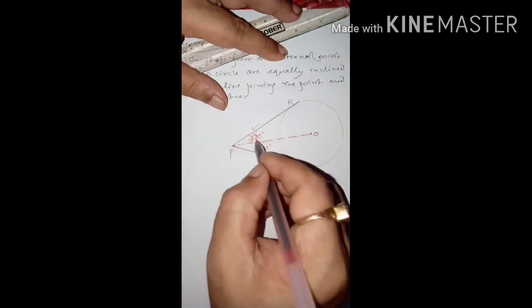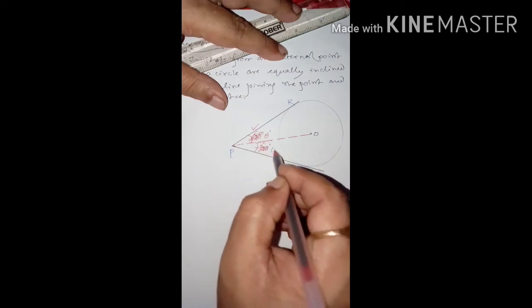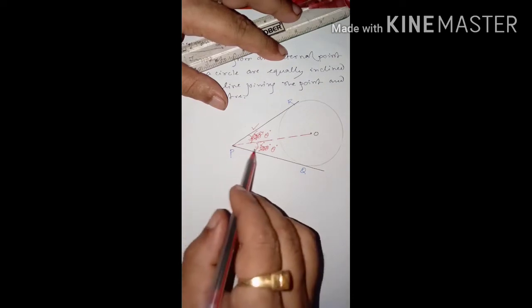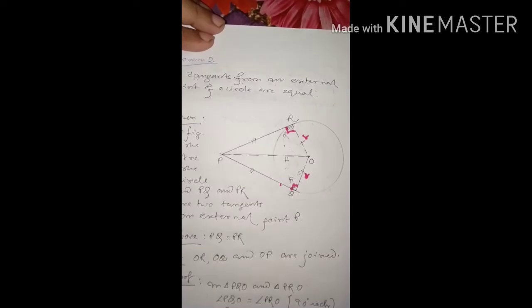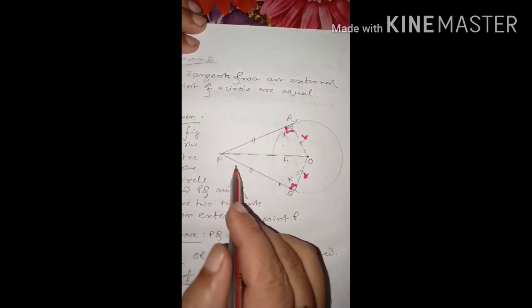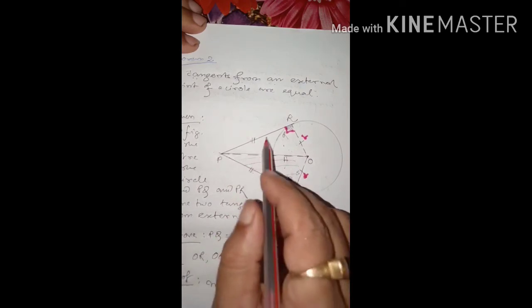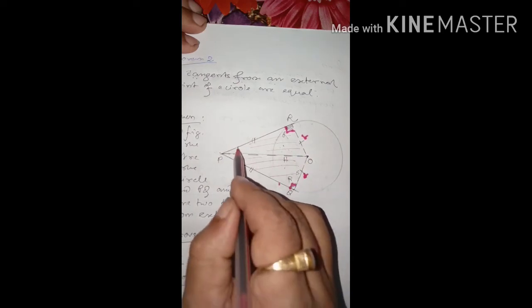Understood now? If I say this angle is theta degrees, then this angle is also theta degrees. Theta is just a variable. How can we prove that these two are equal? Actually the proof is done here itself, because we have already shown that this triangle is congruent to this triangle. If these two are congruent, then these two angles are also equal.